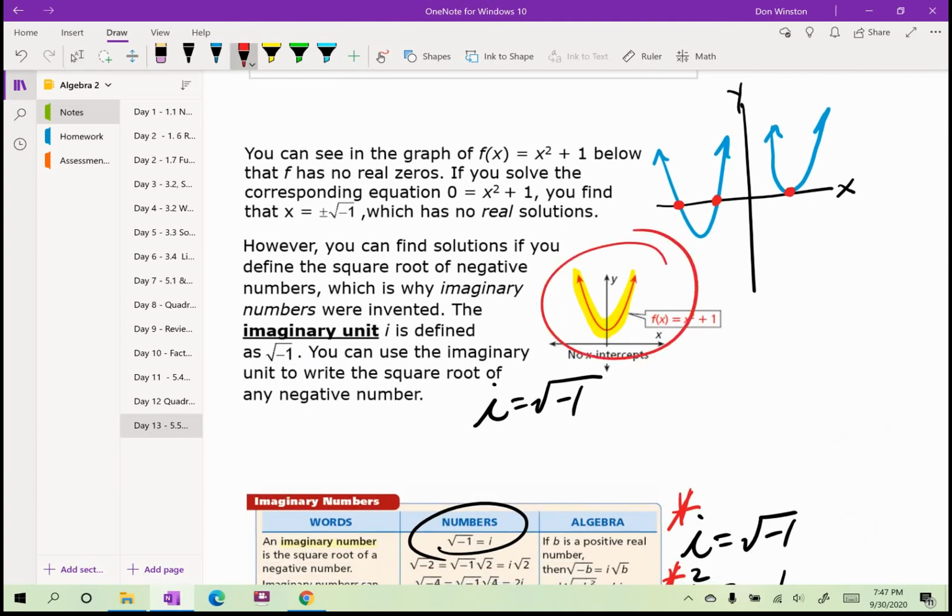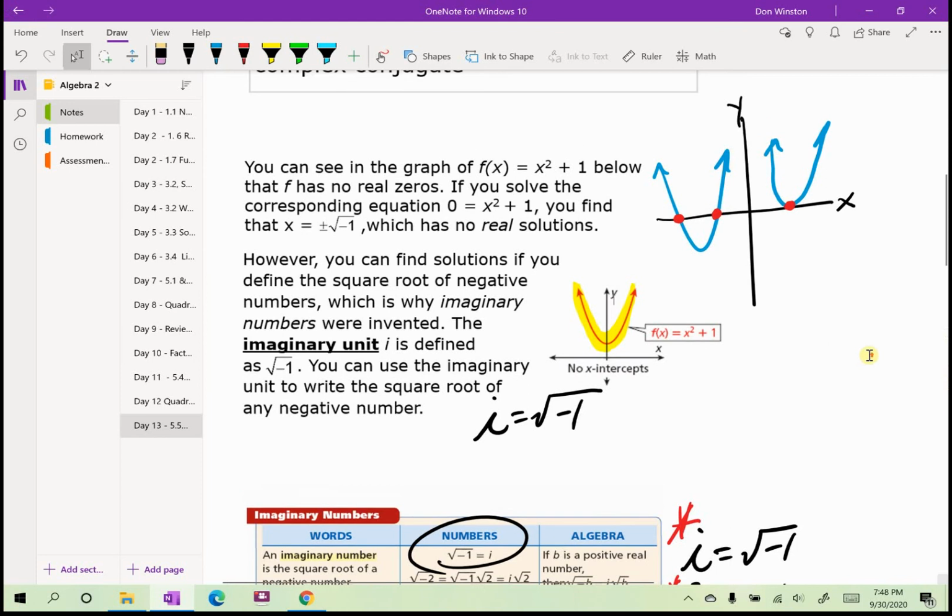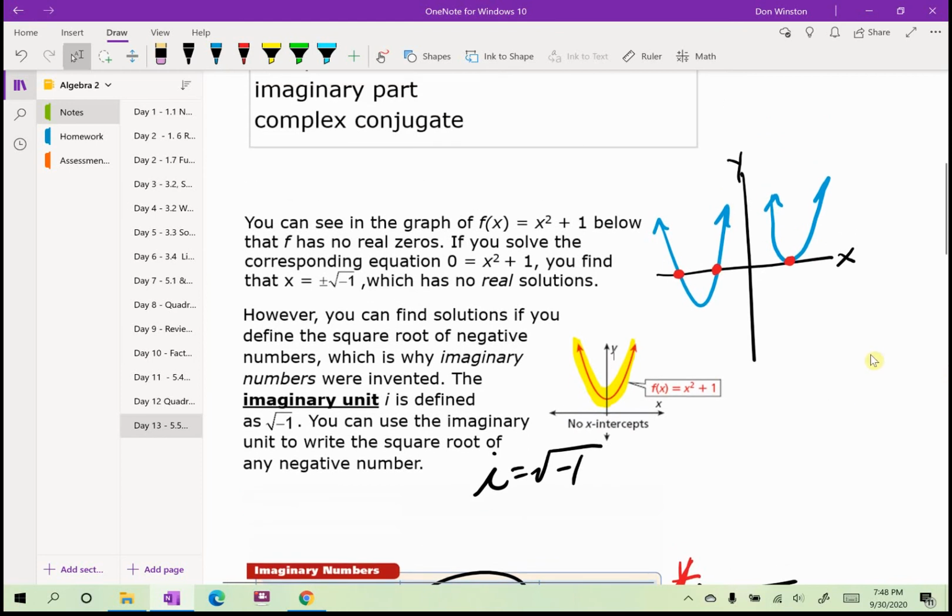There are none. Hey, that's a happy face. Well, actually, it will be a sad face because you won't be able to use decimals to find a zero. There are no real zeros. Anyway, we have imaginary zeros, imaginary roots.